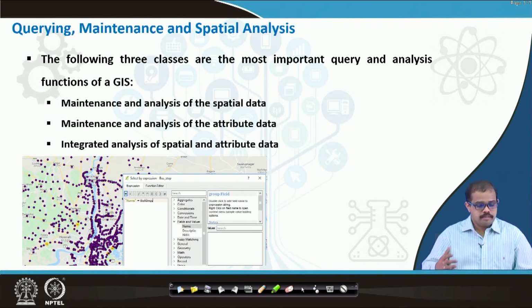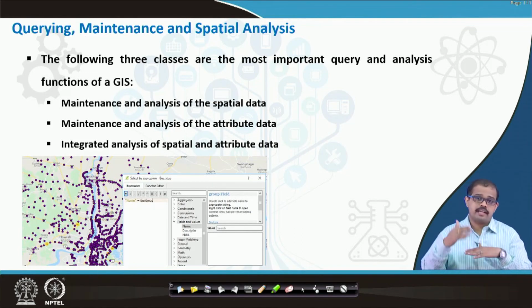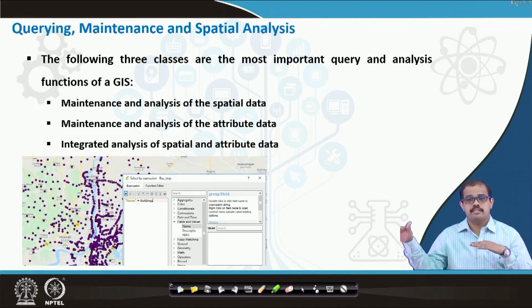Now, when we have GIS querying, three classes are most important for querying and analysis: the maintenance and analysis of the spatial data. When I say spatial data, these are the data associated with the geo information of the earth's surface.